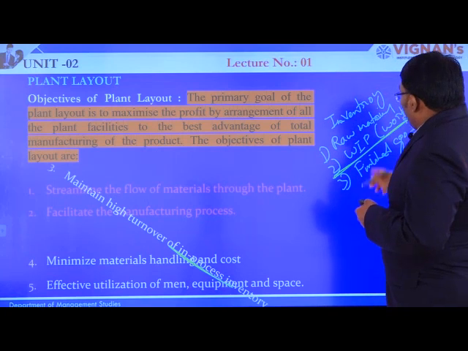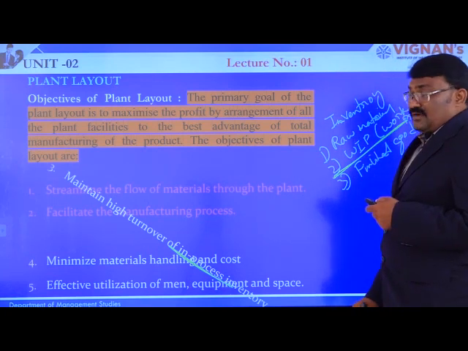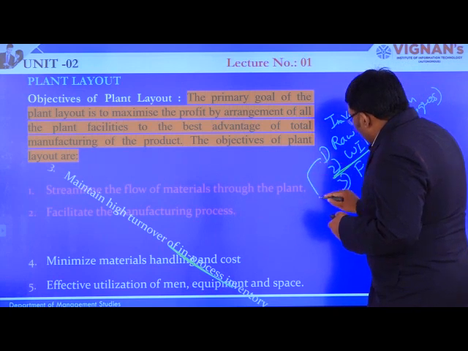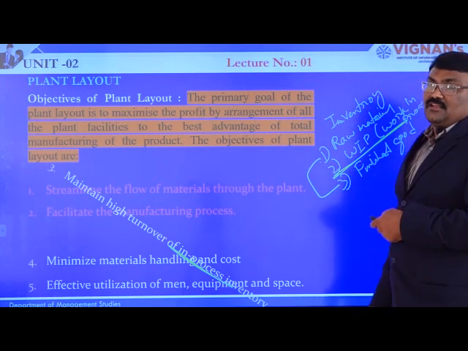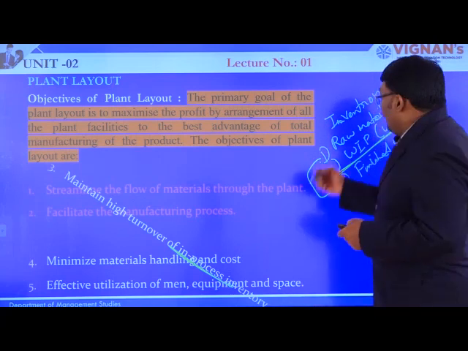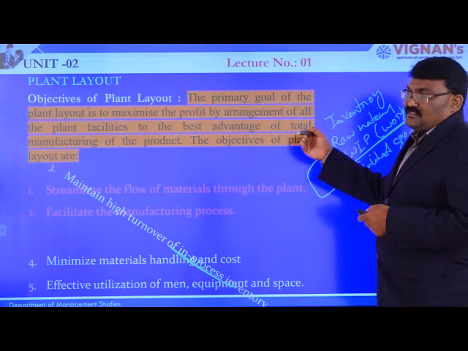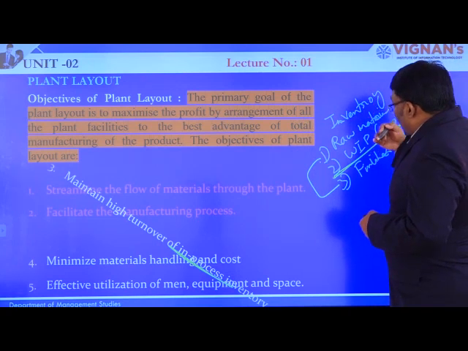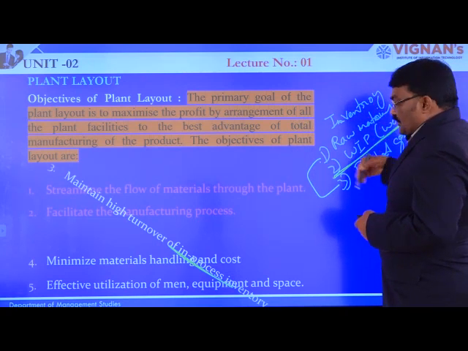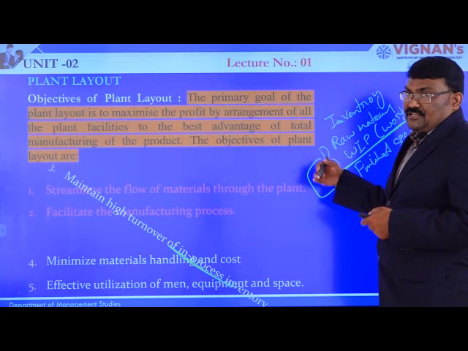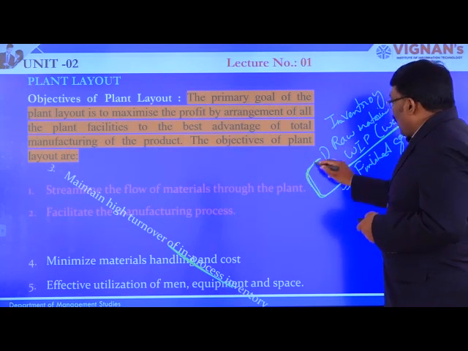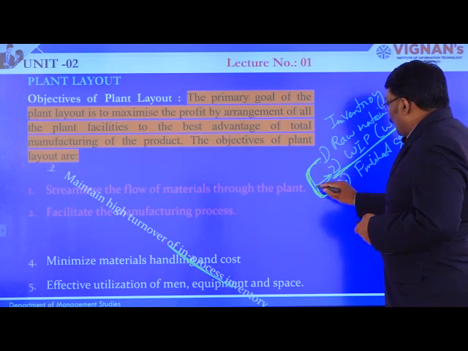So, why work in progress? Work in progress is what? In between the raw material and finished goods, we call that work in progress. That means whatever stock is there in between, under the manufacturing unit, all that we call work in progress.